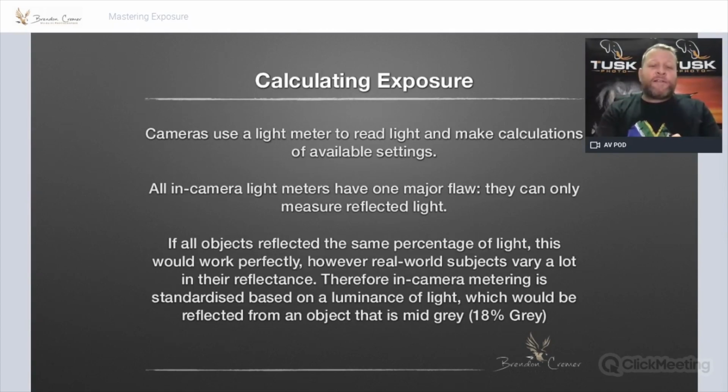This may not necessarily be something that's specifically 18% gray, as in the color gray, but it's an 18% reflective tone. So it's an 18% luminance, should I rather say.